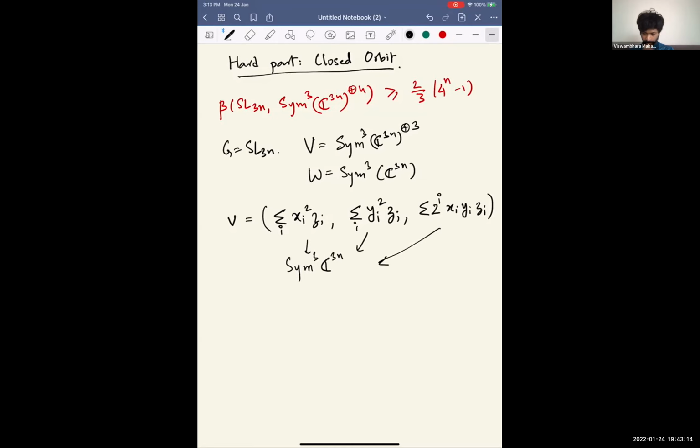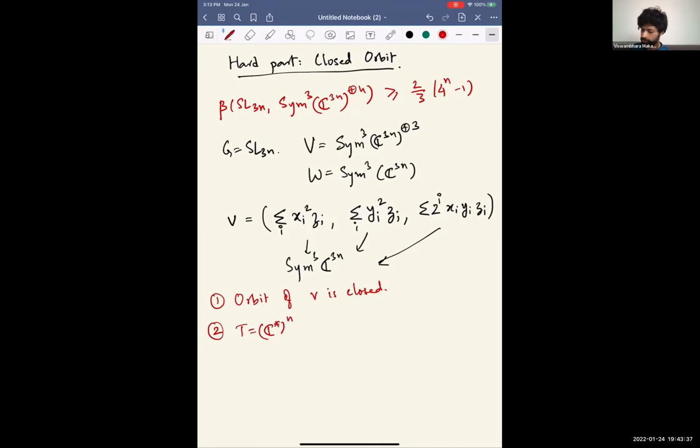So here's a bunch of claims. The first claim is the orbit of V is closed. And the second claim is going to be about the stabilizer. So I will describe a torus action. The torus action is going to be C star to the n.